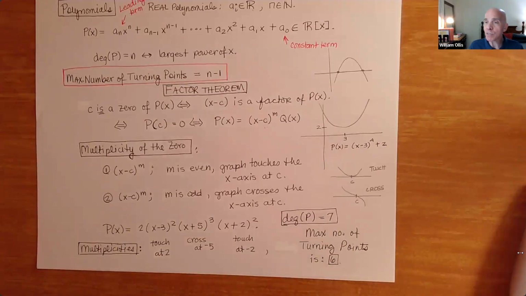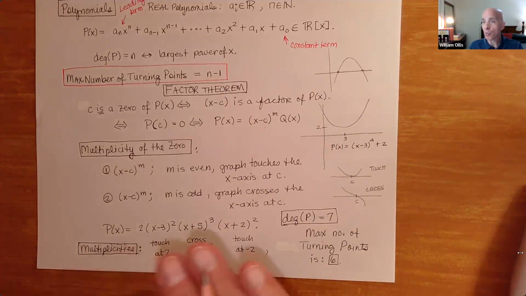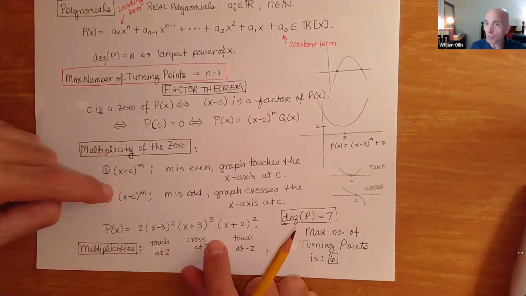And this helps us considerably when we're doing inequalities, because once we establish a more extreme behavior, then we can actually run through the zeros either touching the axis or crossing relative to the multiplicities.